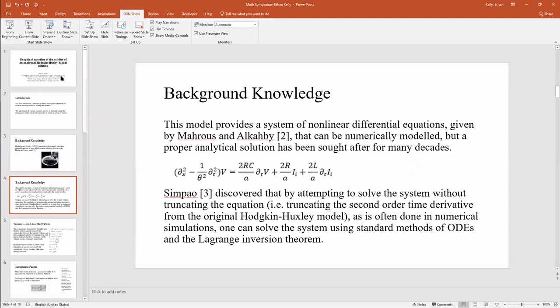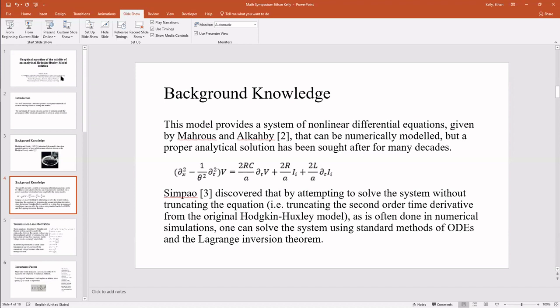Back in the 80s or 90s, I believe, two guys, Marouse and Alkaby, managed to come up with this equation, which is numerically stable. You can see it here. Pay very close attention to the -1 over theta squared d t squared term on the left side of the equation. This will become very important in a second.